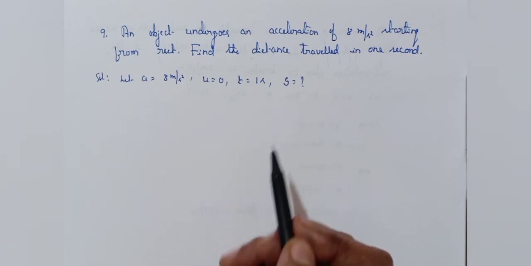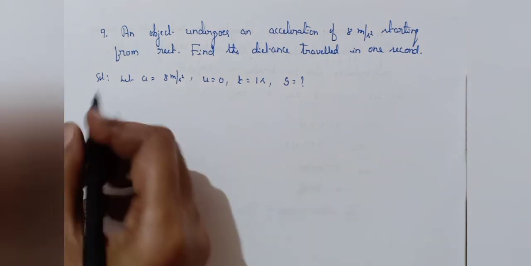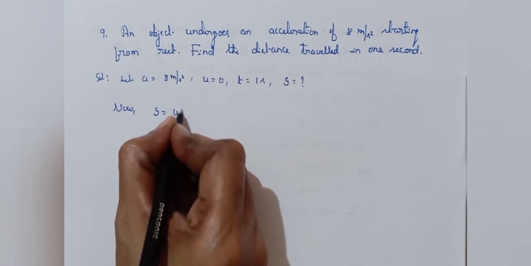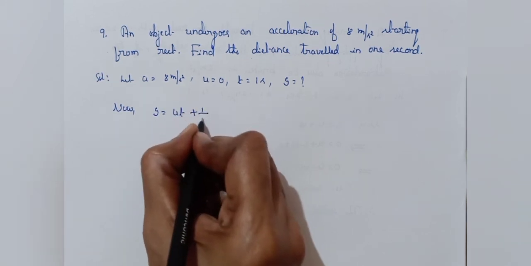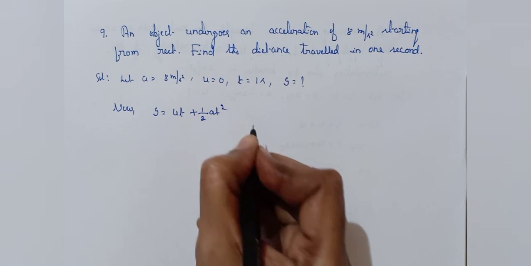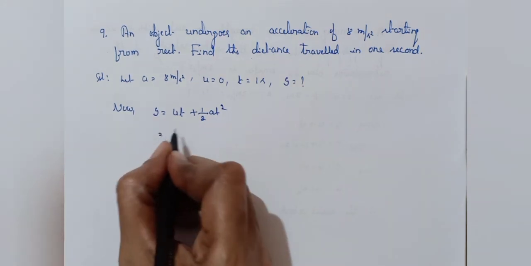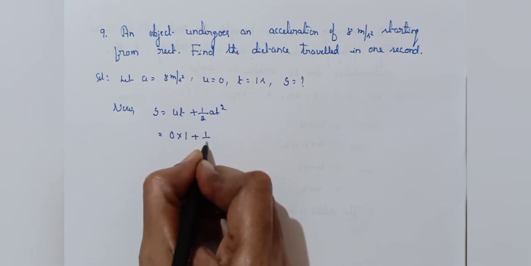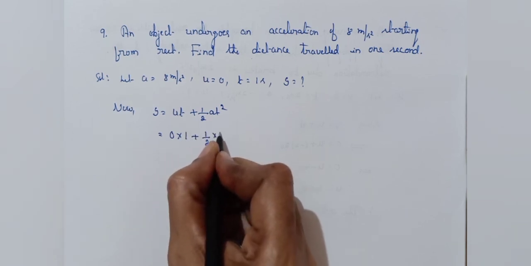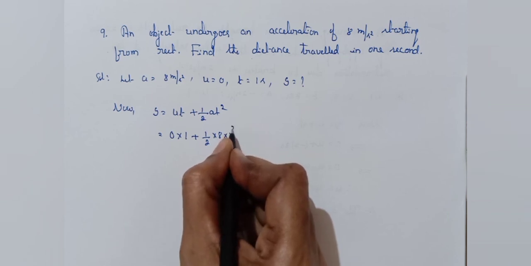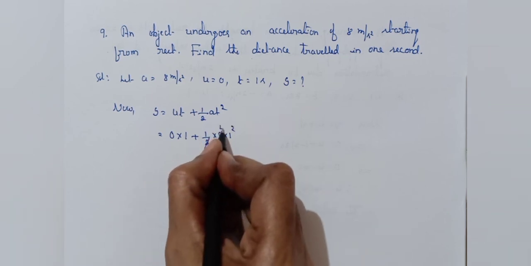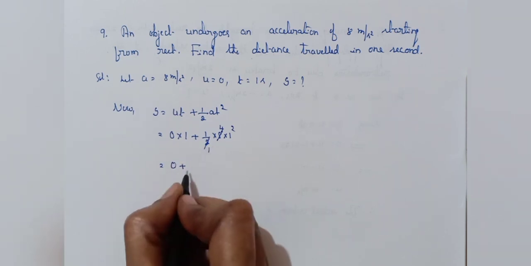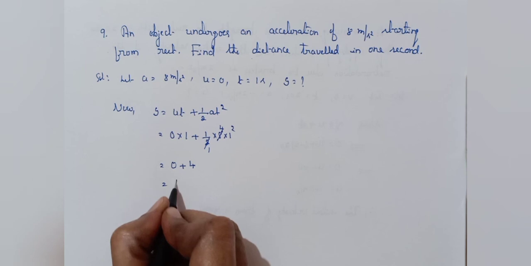Here we can apply the second equation of motion. Now s is equal to ut plus half at square. This is the second equation of motion. The initial velocity u is 0 and the time is 1, plus half into acceleration 8, then t is 1 square. 2 1s are 2, 2 4s are 8. 1 into 0 is 0, then 0 plus 4 is 4.